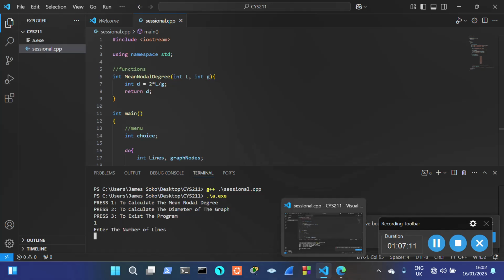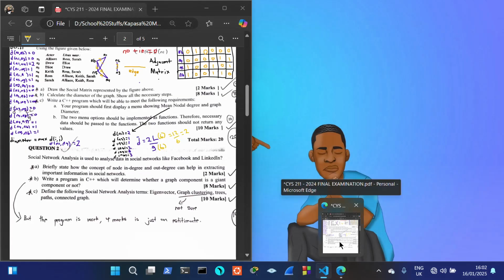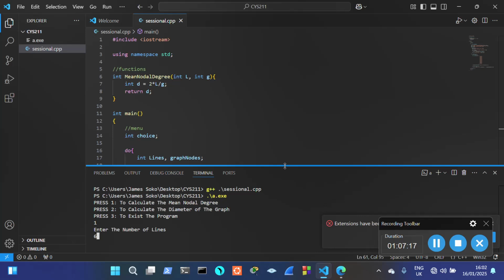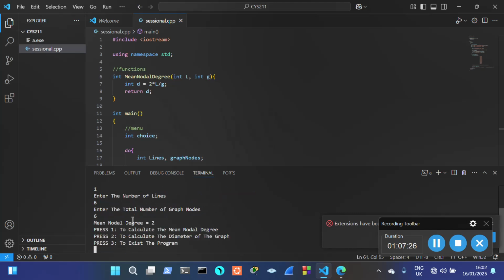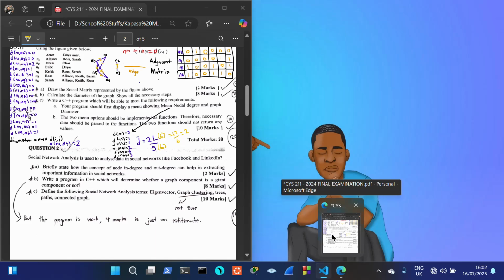On our question the number of lines were 6, so I'm going to say 6, then enter. Then enter the total number of graph nodes, again it was 6. Then it tells me that the mean nodal degree is equal to 2. If we can recall, I managed to solve this manually and the answer was 2, which is correct.